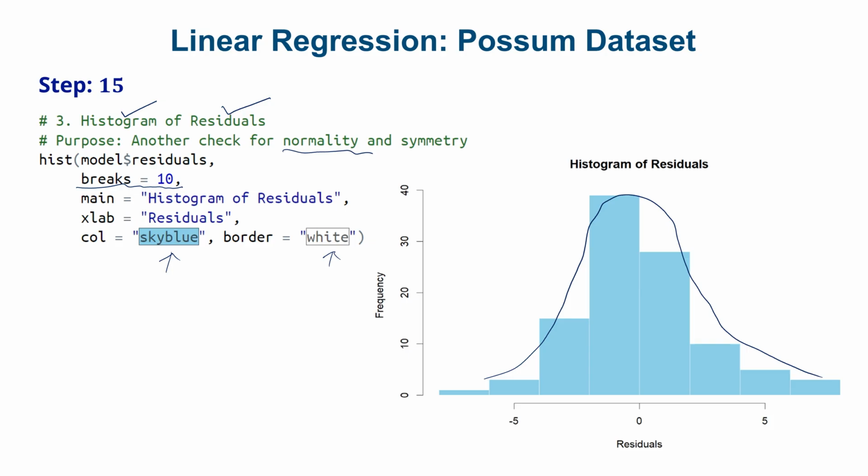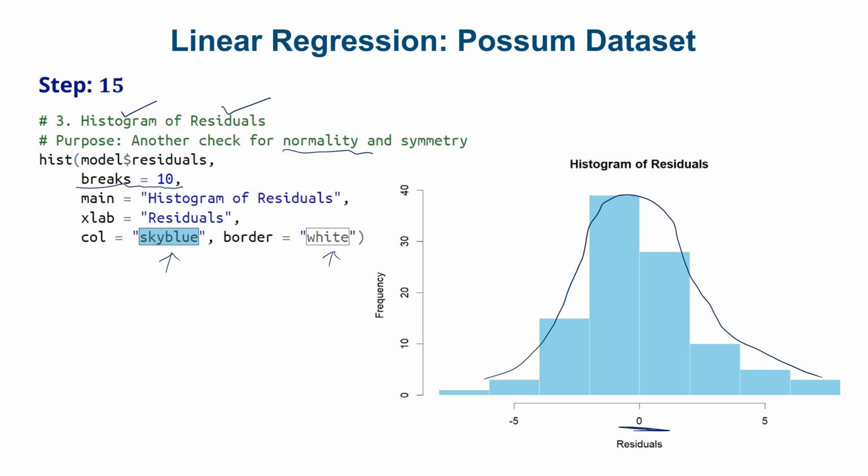The shape doesn't need to be perfect, but we are watching out for skewness, which means a lopsided shape, heavy tails, which means outliers far from center, or bimodality. It means two peaks instead of one. In our case, the histogram of residuals appears roughly symmetric and centered around 0.